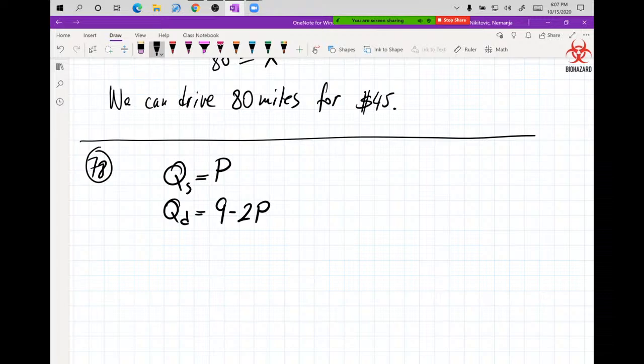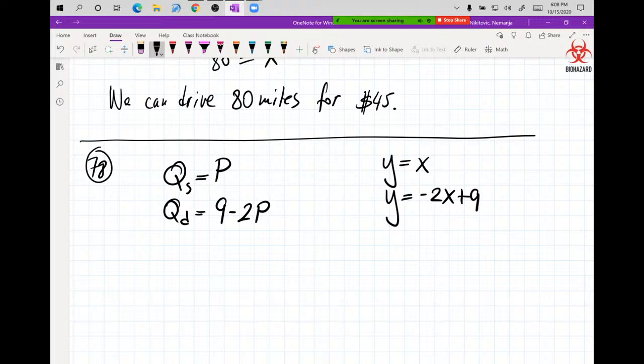So when you have these equations now, I need you to look at them in this light. y = x and y = -2x + 9. What I did here is I just took the variables q and p and converted them to your good old x's and y's that you are very familiar with.